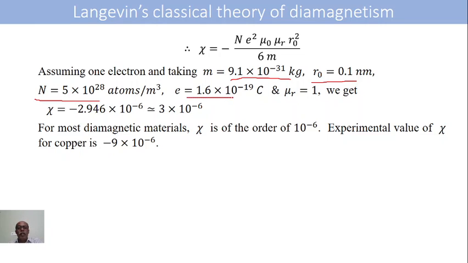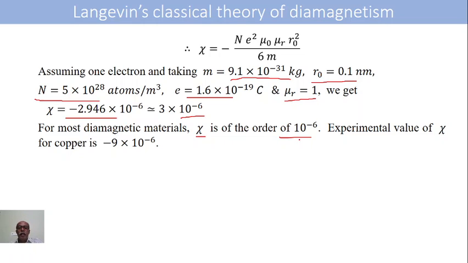The charge of the electron is this, mu r is equal to 1, and chi will therefore be equal to minus 2.946 into 10 power minus 6, which is in the order of 10 power minus 6. Therefore, the susceptibility of diamagnetic materials is in the order of 10 power minus 6.